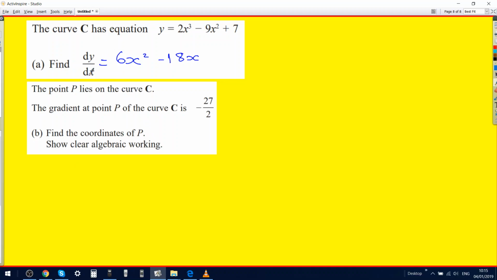So this dy dx gives you a formula for finding the gradient at a point. And so basically there's some value of x that when you sub it into that, you get minus 27 over 2. And so how could you find that value?